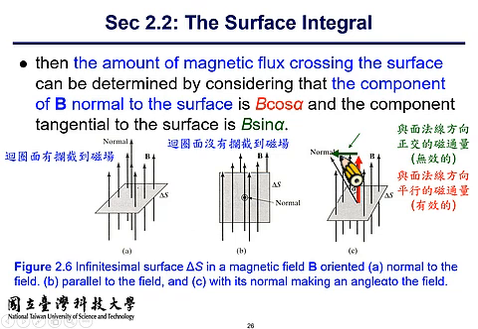So as you can see from figures A and B, you need to align the normal of your surface parallel with the B direction so that you can accumulate most of the magnetic flux in the background. And if the normal is transverse to the B direction, then you get nothing from this loop.